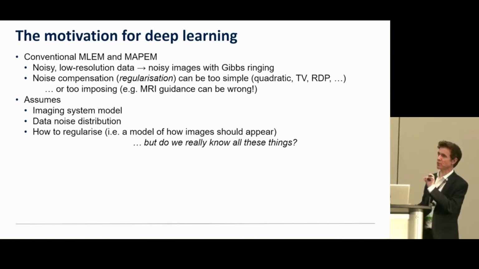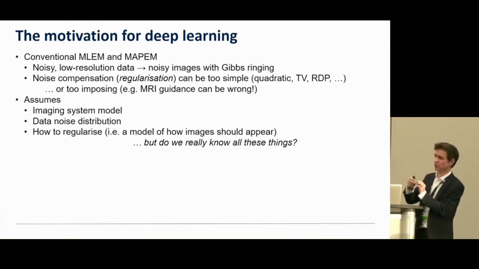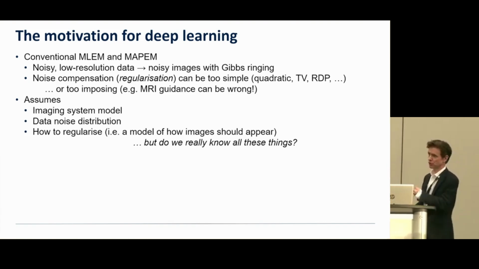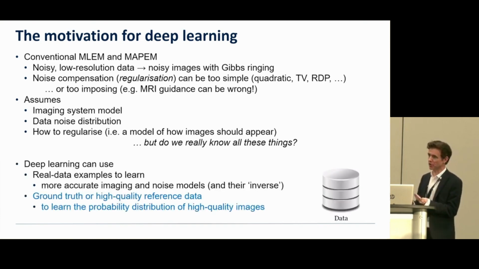In other words, we're claiming we know how images should appear based on that P of x related to that energy function that we've just been looking at. But the question is, do we really know all of those things reliably? And probably we don't, and so that's where deep learning can come in.